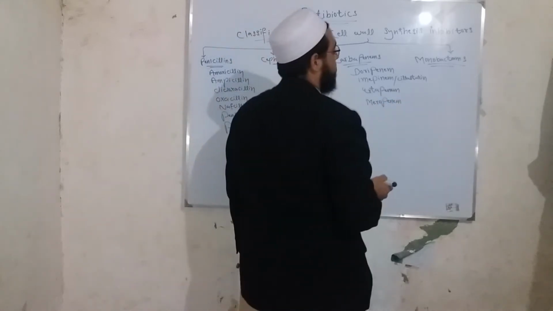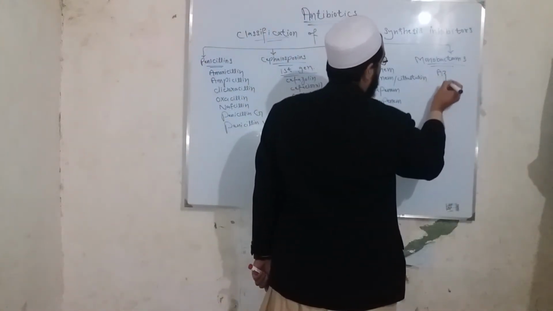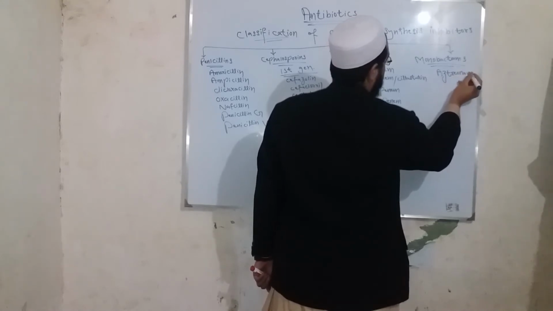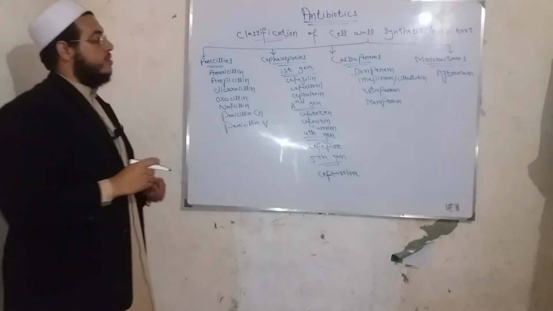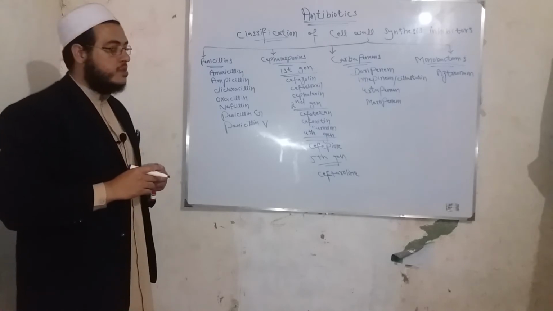And in monobactams, which drugs are present? Aztreonam. So this was all about the classification of cell wall synthesis inhibitors.